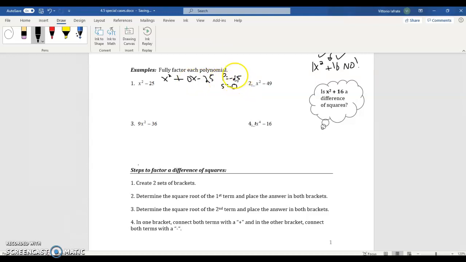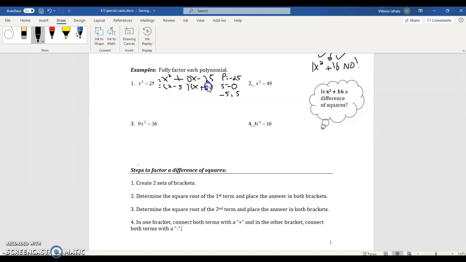But you could easily find out that those two numbers are negative 5 and positive 5. Because negative 5 times 5 is negative 25. Negative 5 plus 5 is 0. And so you could create your set of brackets and simply put x minus 5 and x plus 5.